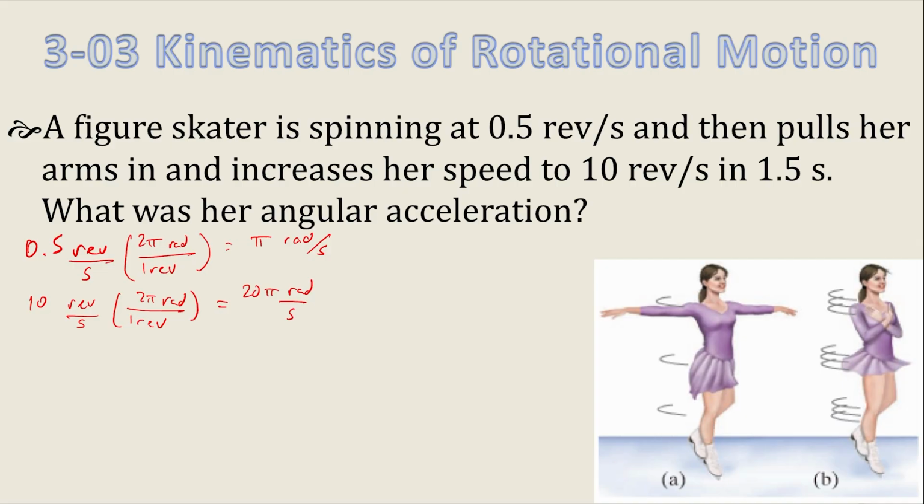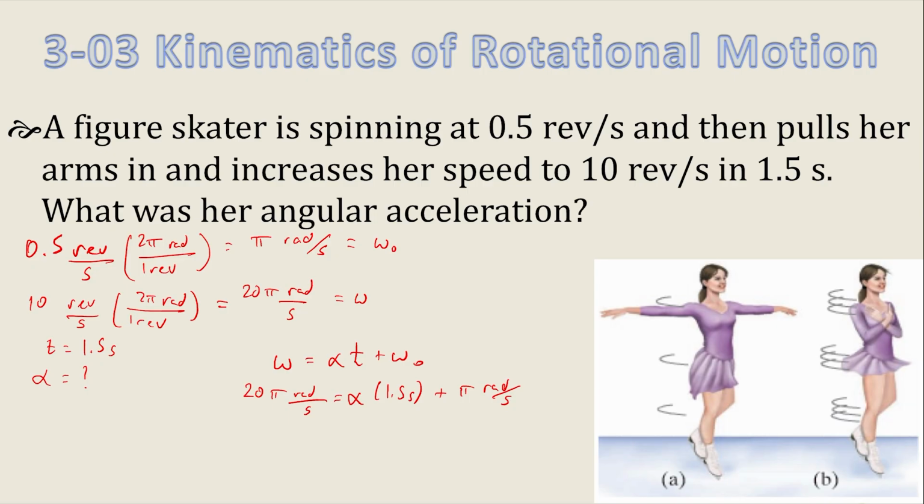So this is our initial angular velocity. This is our final angular velocity. And our time is 1.5 seconds. We're looking for angular acceleration. Well, we could use that one: our final velocity equals the acceleration times time plus the initial velocity.